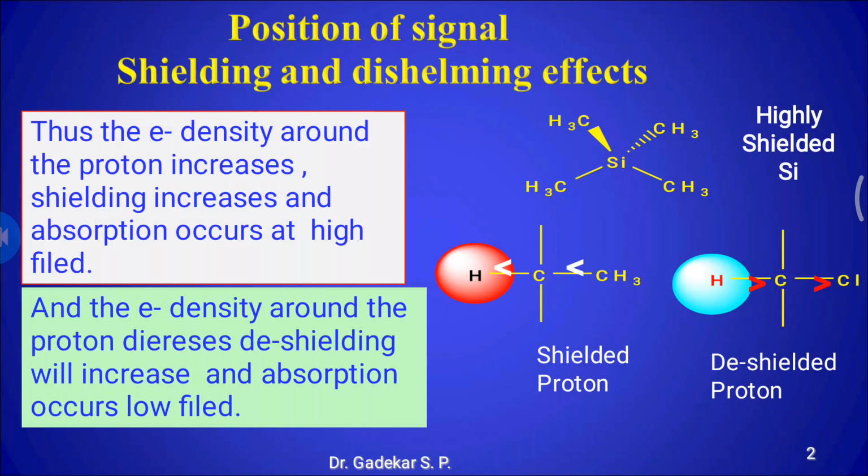So the position of signals totally depends on shielding and deshielding effects. Red colored protons are shielded and occur at high field, and blue colored protons are highly deshielded and their peak occurs at low field or downfield in the spectrum.